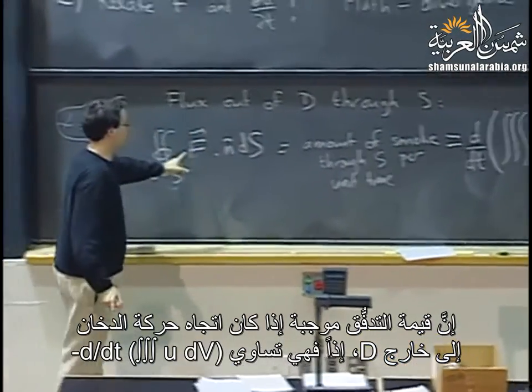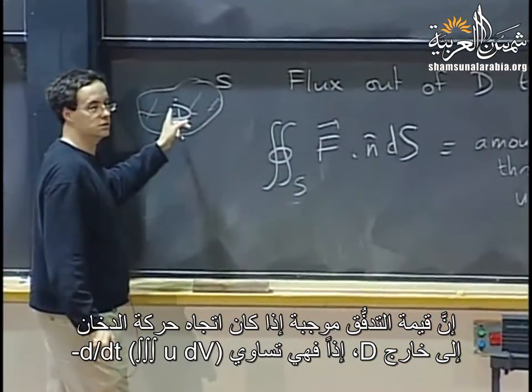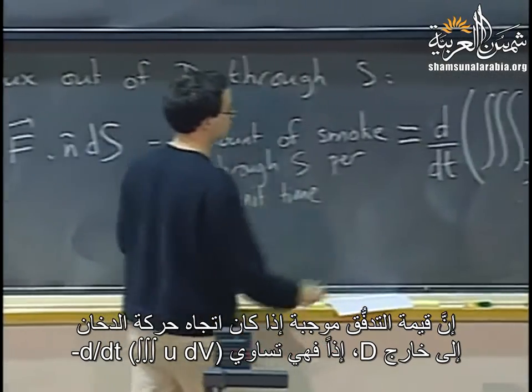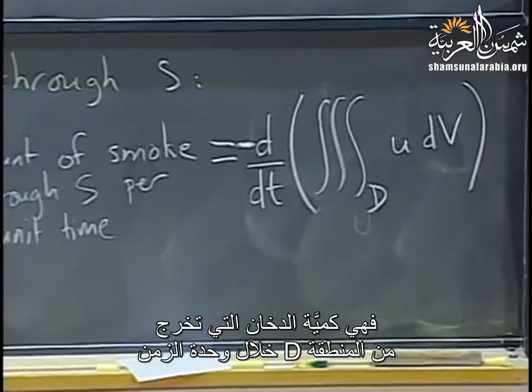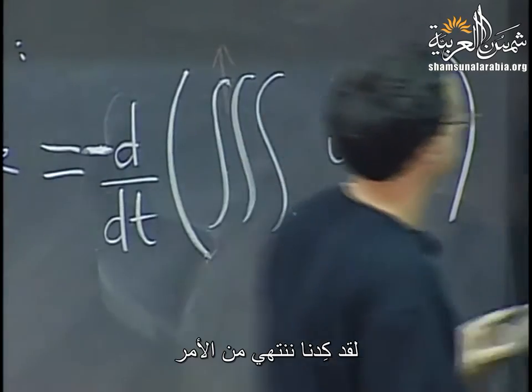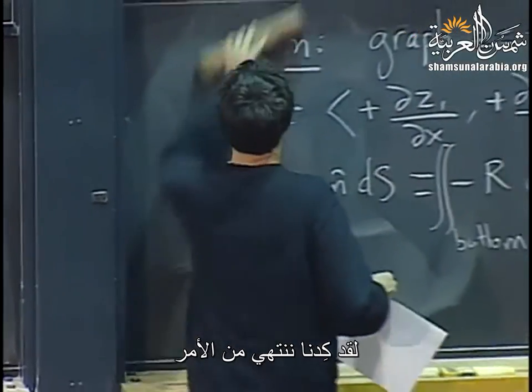This flux is counted positively if we go out of D. So actually, it's minus the derivative. This is the amount of smoke that we are losing per unit time. Okay. So now we are almost there.